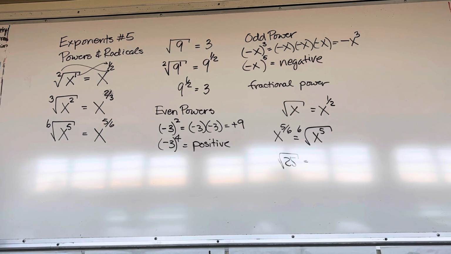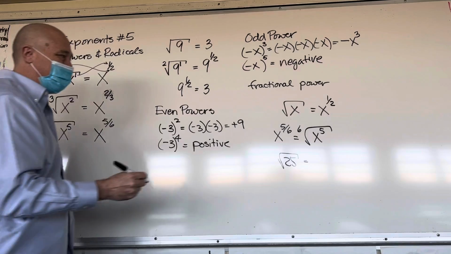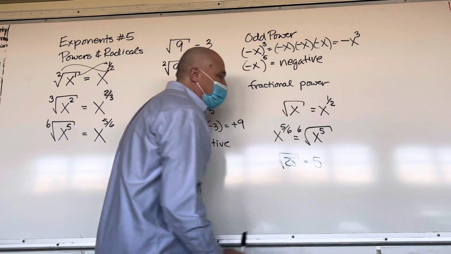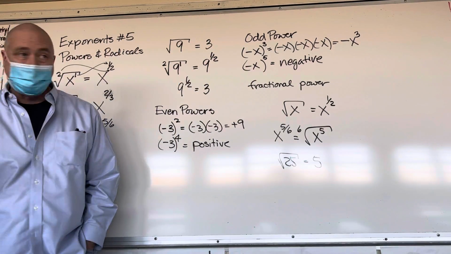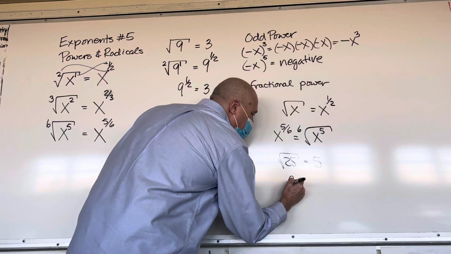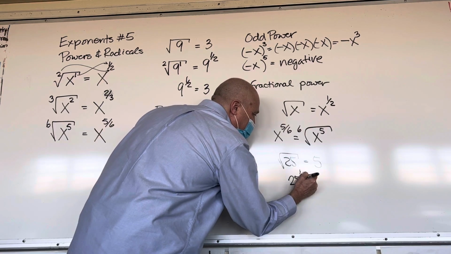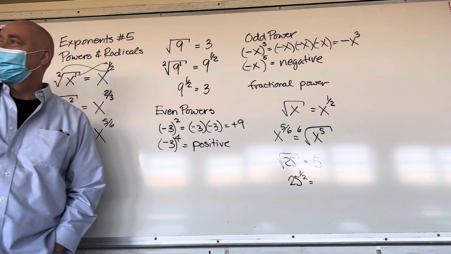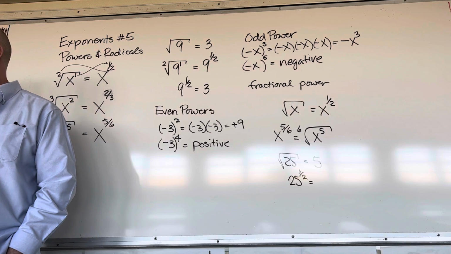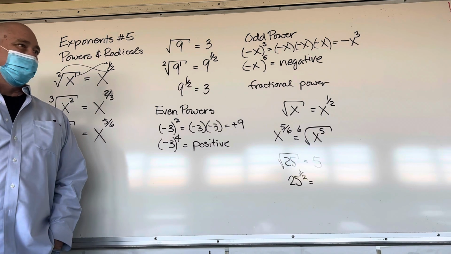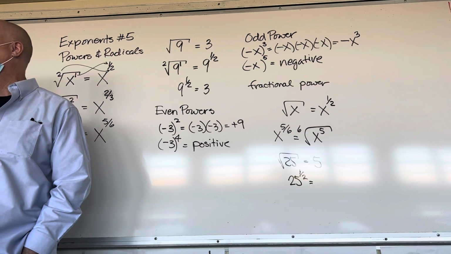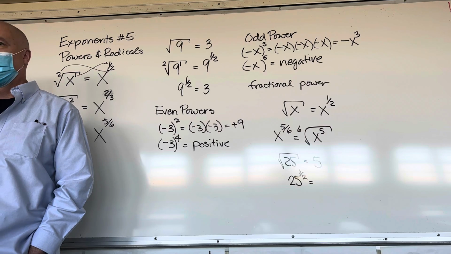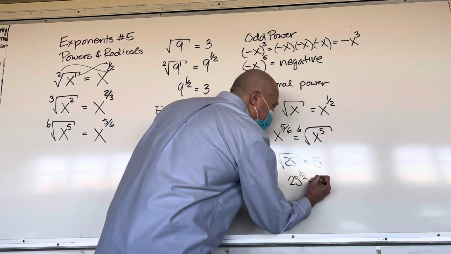What number times itself equals 25, right? Good, okay, I got a hand symbol. Perfect, 5. Therefore, if you see this, 25 to the 1/2 power, what do you get? Hold your hand up, give me a symbol. You get 5. Okay. Right?